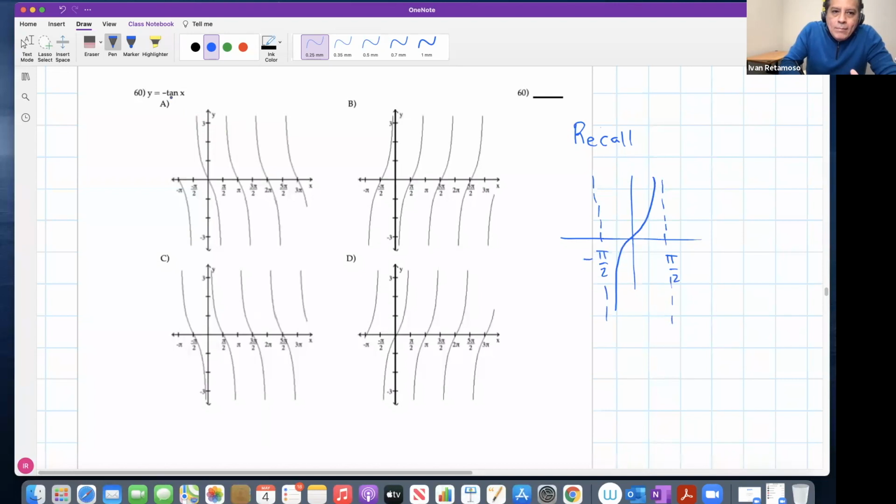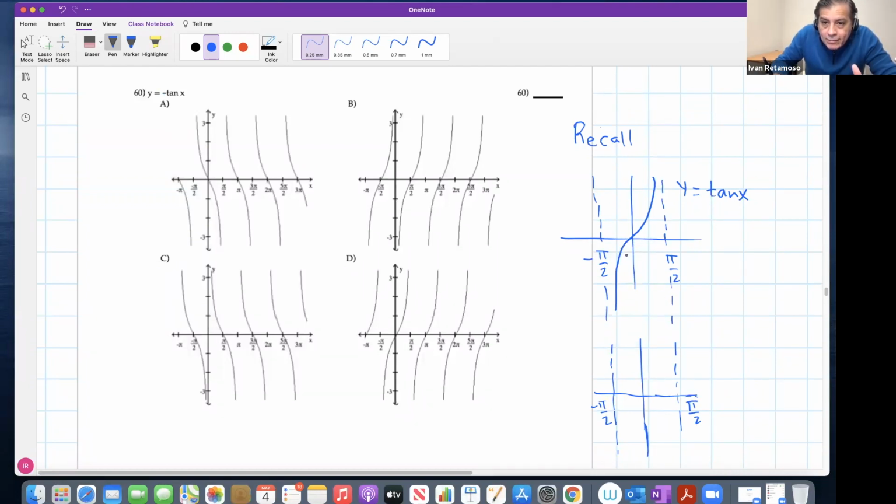But now they want minus tangent, right? This is the graph of y equals tangent of x. Minus tangent of x will be just a reflection of this guy over the x-axis, right? Why do you say that, Professor? Well, because notice, whenever this is positive, because of the negative sign, this piece will be negative now.